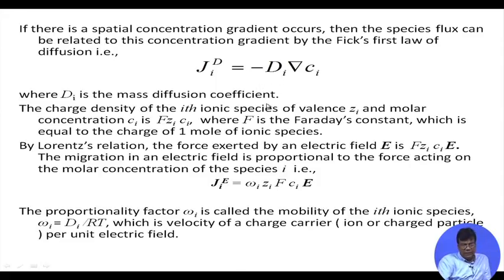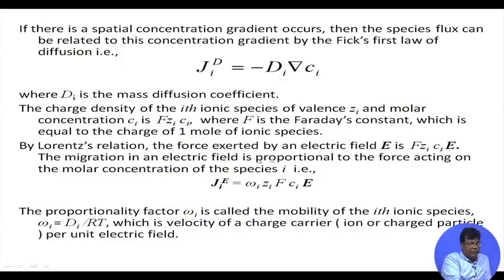Now, another thing is that when these ions are under an electric field, each ion is carrying a charge. So, they will experience a Coulombic force, and there will be a movement or ionic flux due to this electric field.